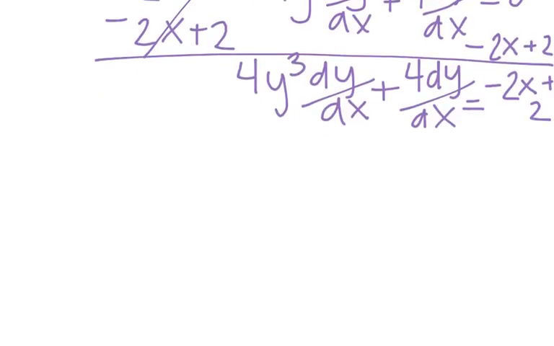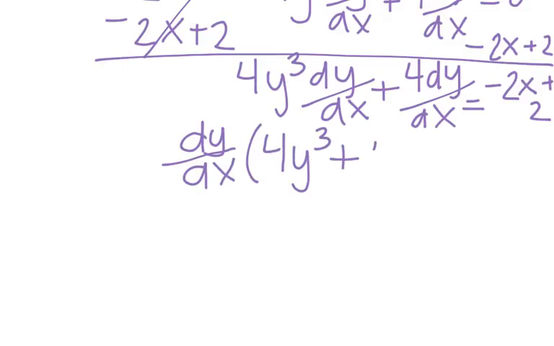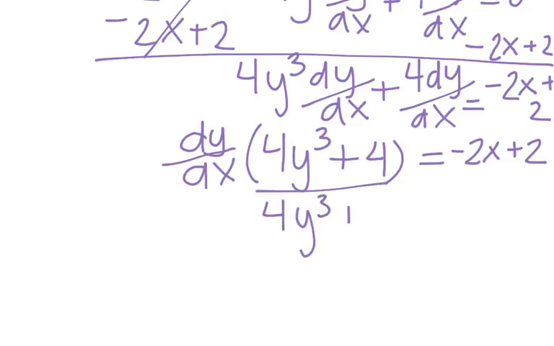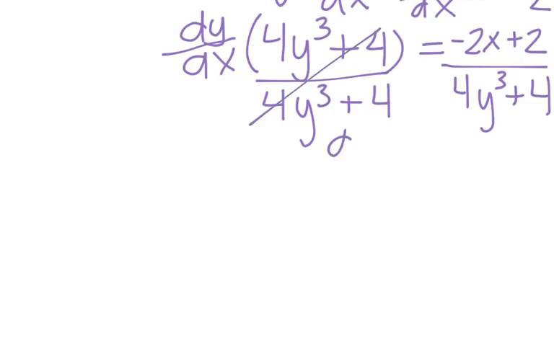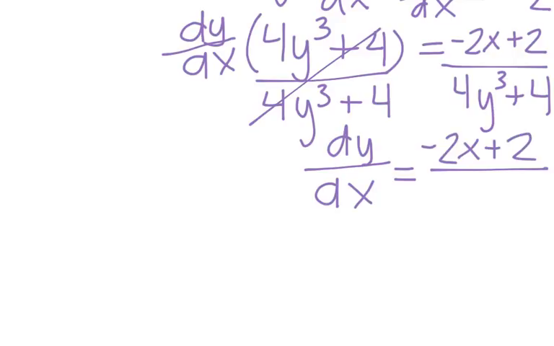We can then factor out a dy dx, which gives us 4y to the third plus 4 equals negative 2x plus 2, and divide by 4y to the third plus 4. That cancels, which gives us dy dx equals negative 2x plus 2 over 4y cubed plus 4.